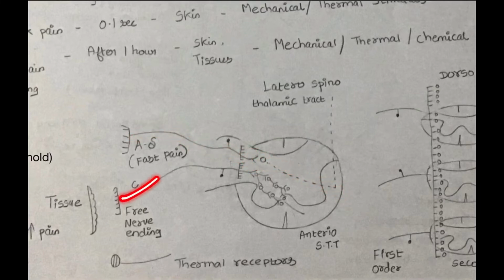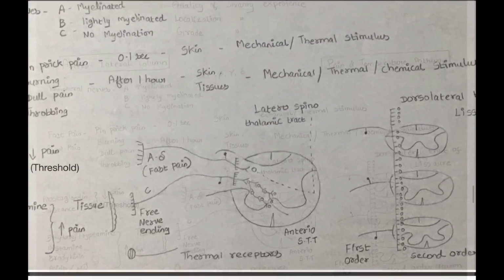And because of the many branches from the slow pain fibers, we don't know the exact position where the pain is coming from, and it also takes time for the pain to come in our body. Because of this, the pain may come after more than 5 minutes, 30 minutes, 1 hour or 2 hours. So this is the mechanism inside the spinal cord.